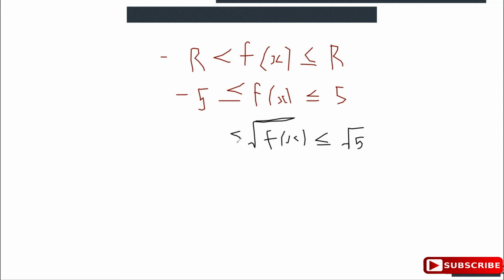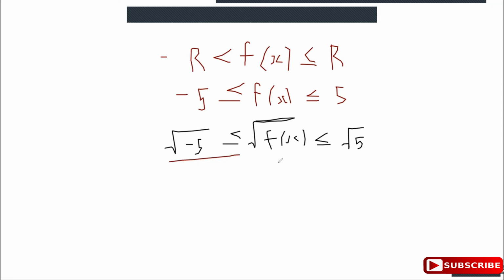We cannot square root negative 5, so we're only focusing on this part now. So this is what we have: the square root of f of x is less than or equal to root 5.